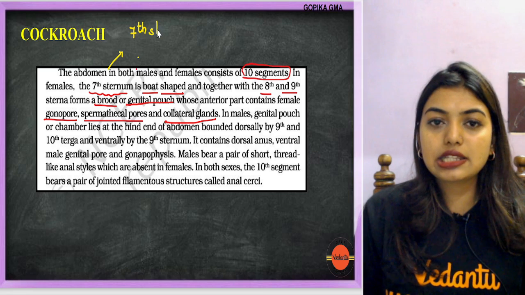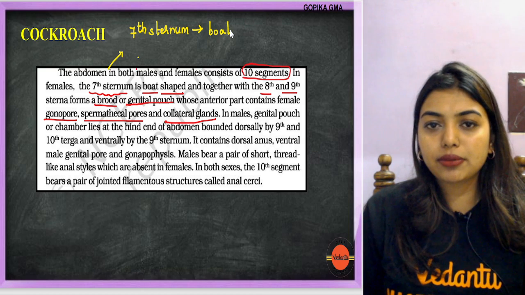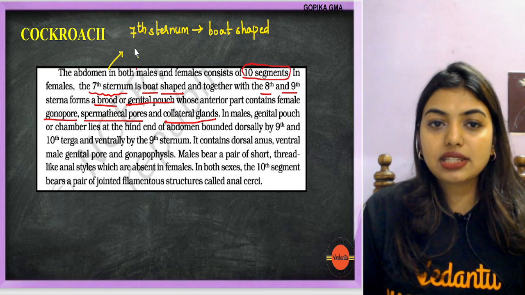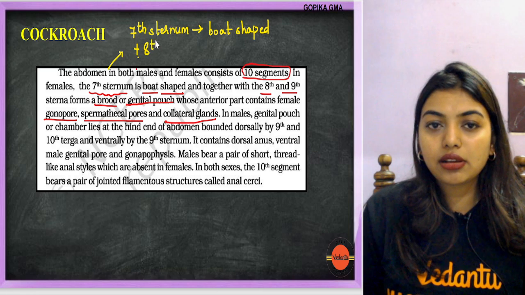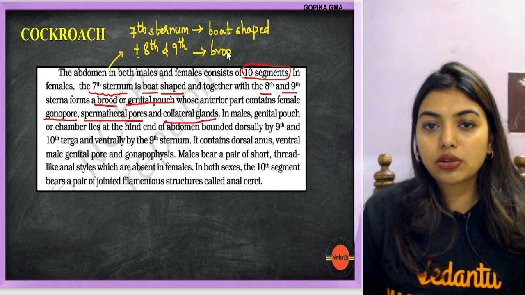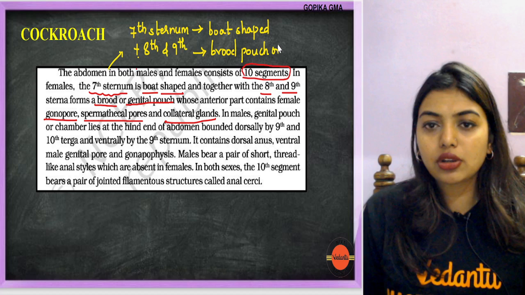In that, the 7th sternum is boat shaped. Boat is there, no? Boat shaped. And they are also telling the 7th sternum with the 8th and 9th sternum together forms the brood pouch, or what we can call genital pouch.